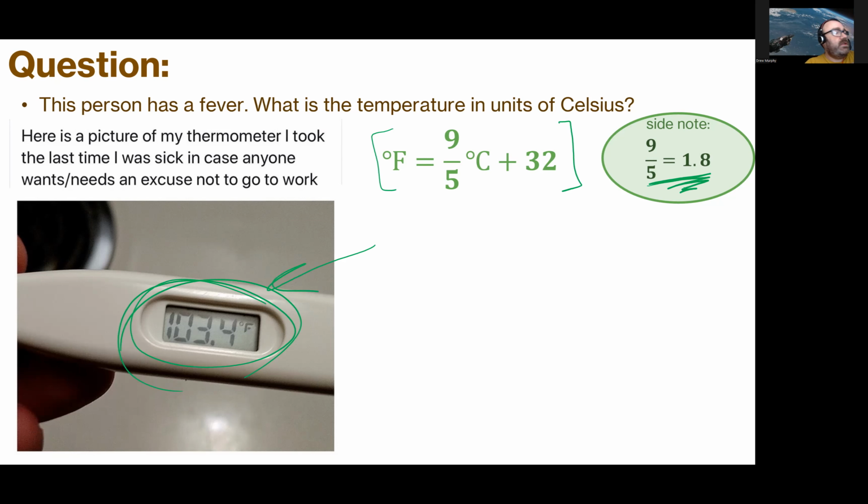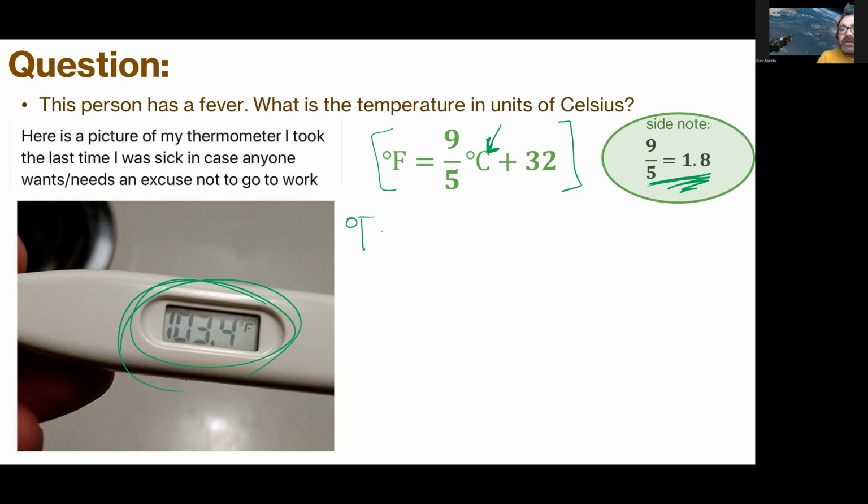And again, there's really two ways through this. Depending on how you feel about algebra, you can plug in the number first and then solve for what we're looking for. Here we're looking for Celsius. Or you can do it the way I'm going to do it, which is where we solve for the Celsius first and then plug the numbers in. We want to solve for the Celsius, so I'm going to bring the 32 over here.